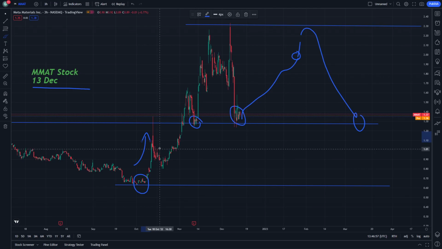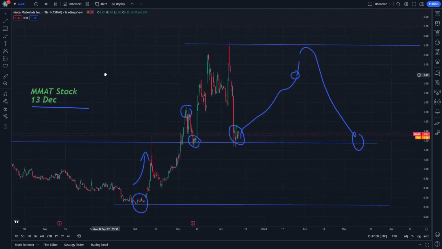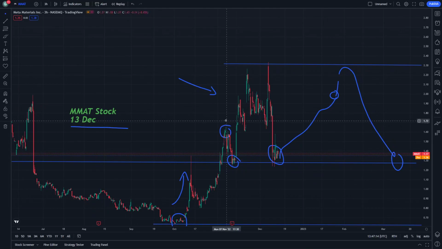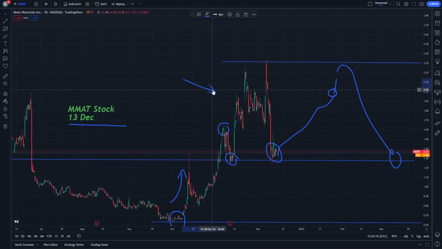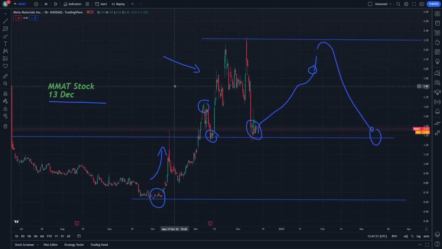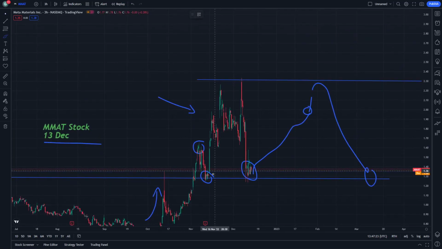What happened to MMAT is going to be about the price that can be done next time on this place. This is going to be the great place that we can think about here, when we look at the price on Meta Materials stock, since it started to increase from this level to this level.